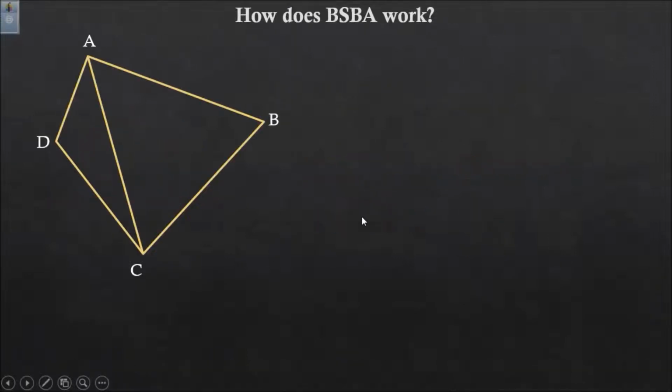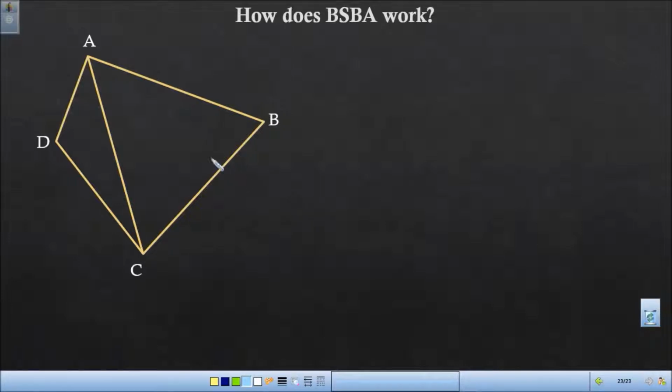So how does big side, big angle work? Let's suppose, for the moment, that we have some side measures here. So let's say this is 20, and this is 11.